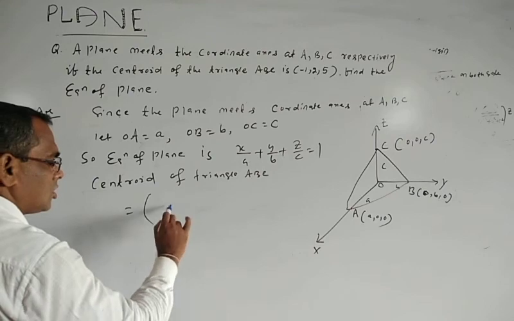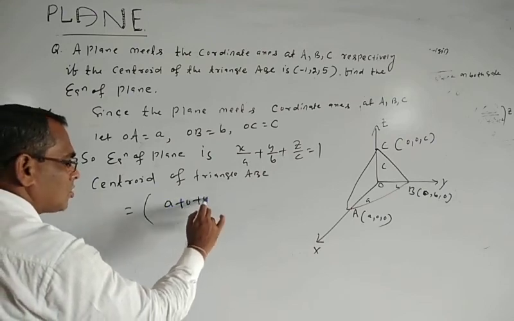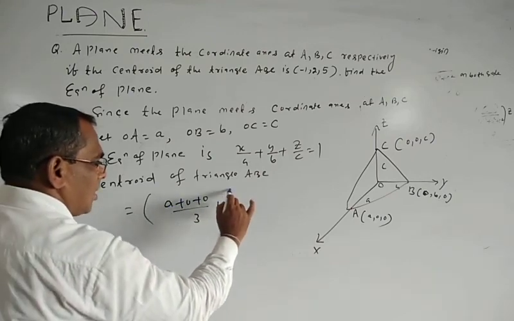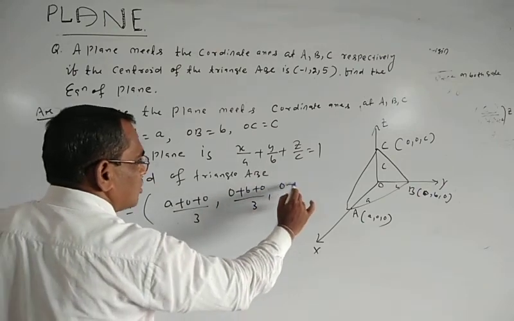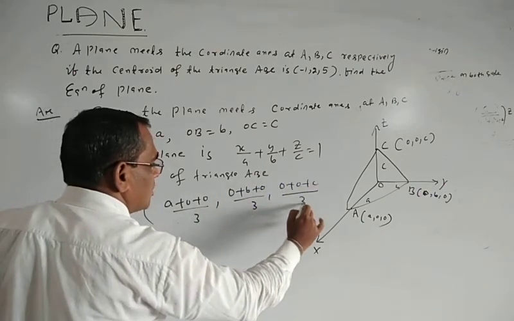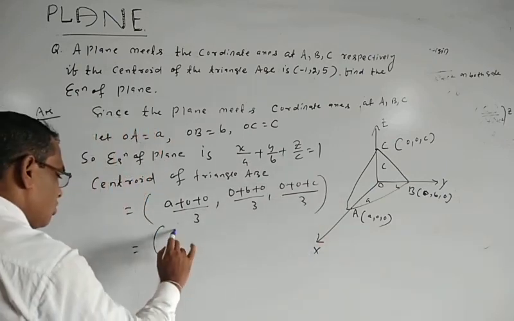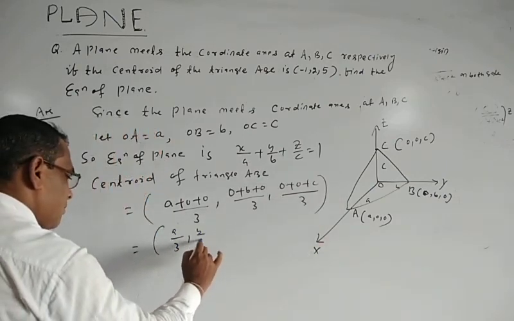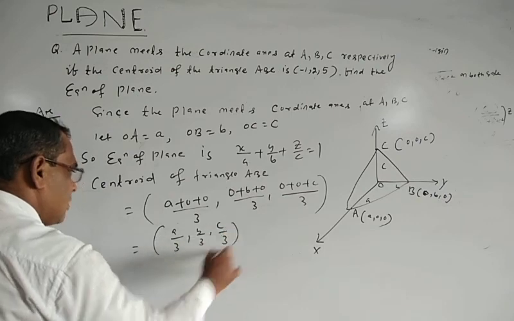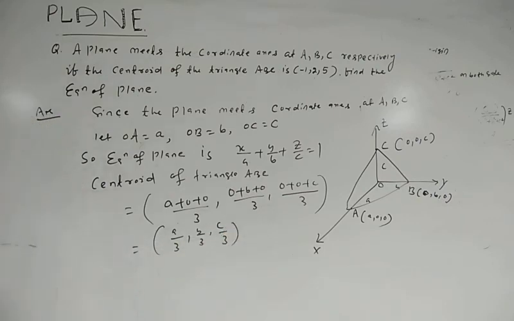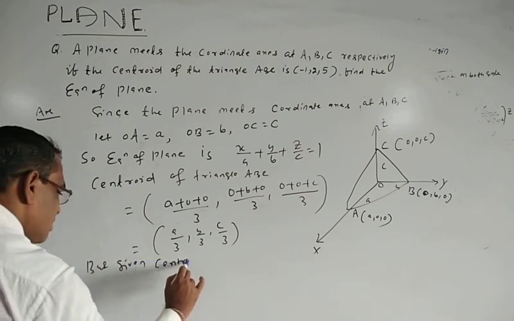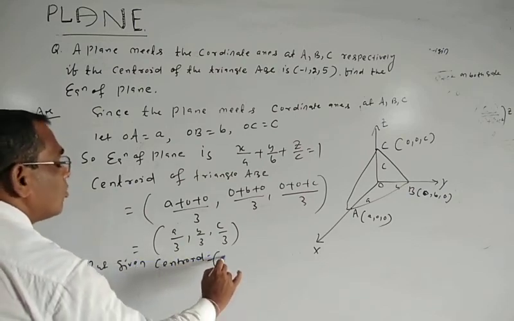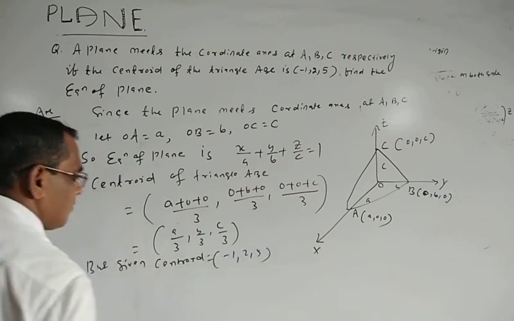So this is equal to (a plus 0 plus 0 by 3, 0 plus b plus 0 by 3, 0 plus 0 plus c by 3). So this is equal to (a by 3, b by 3, c by 3). But the given centroid is equal to (minus 1, 2, 5).